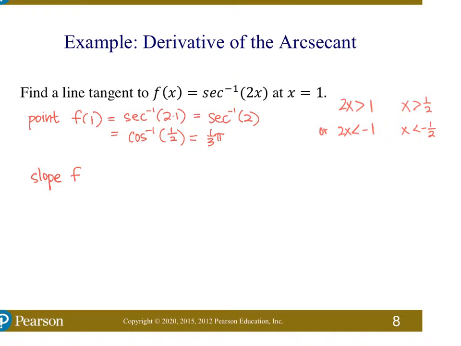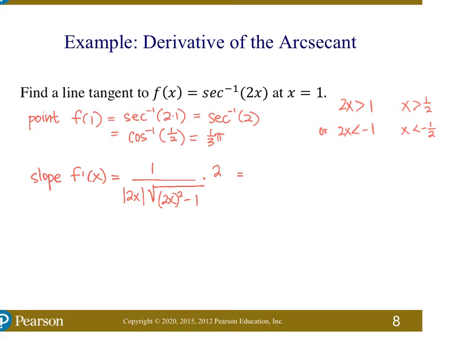My slope would be f prime of x. So this will be 1 over the absolute value of 2x times the square root of the quantity 2x squared minus 1, times the chain rule, which is always the thing that catches people, of just 2.